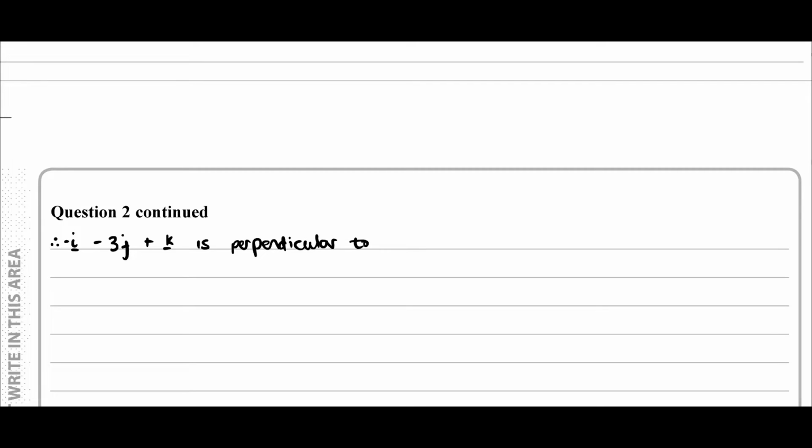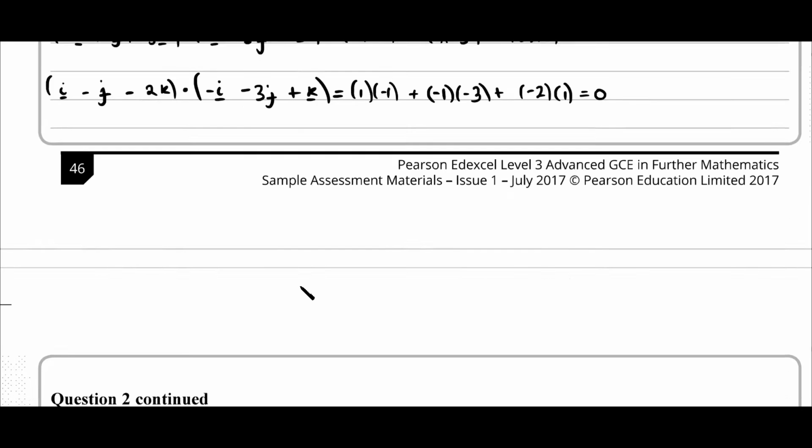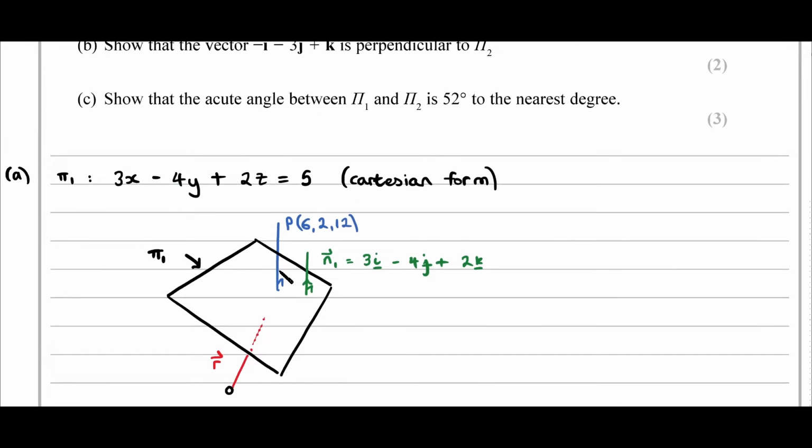And now for part C, we have to show that the acute angle between pi1 and pi2 is 52 degrees to the nearest degree. And of course, to do this question, it's easier if we draw a quick diagram.